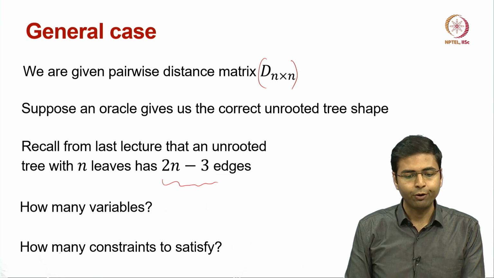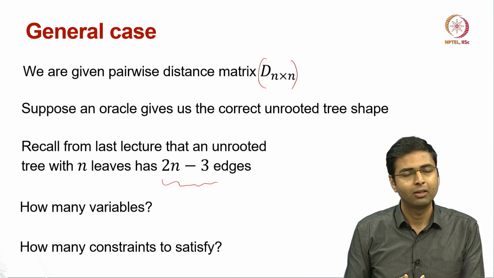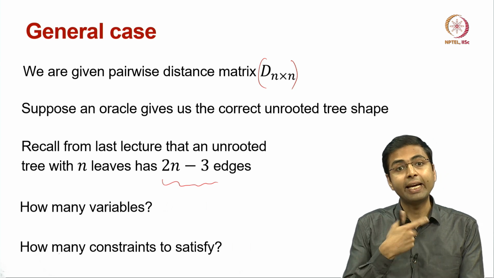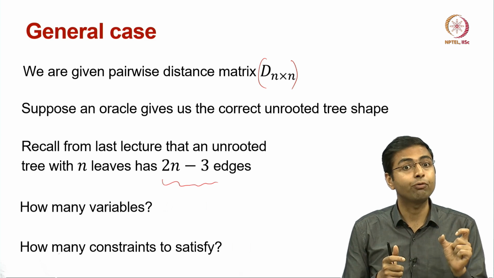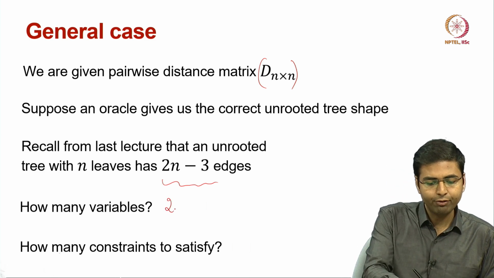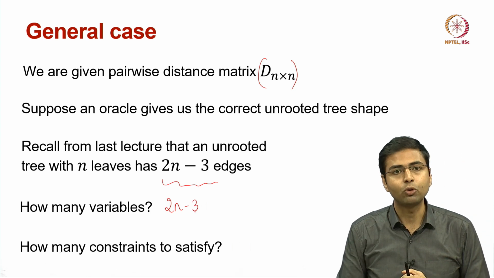Now in this scenario, how many unknown variables do we have? Well, if there are 2n minus 3 edges, we have to set the weight of each of those edges. So clearly we have 2n minus 3 unknown variables that we have to solve for.